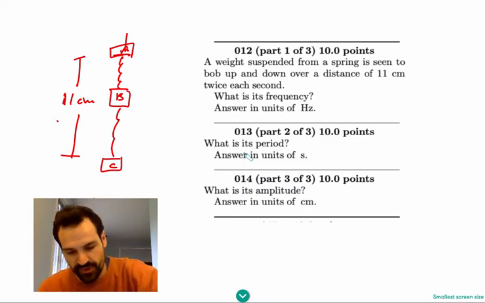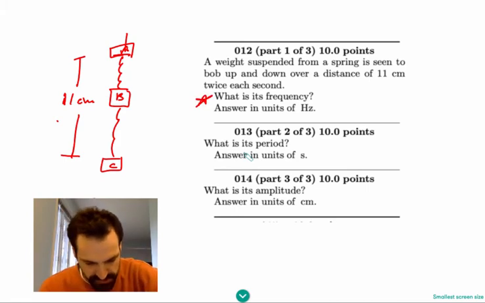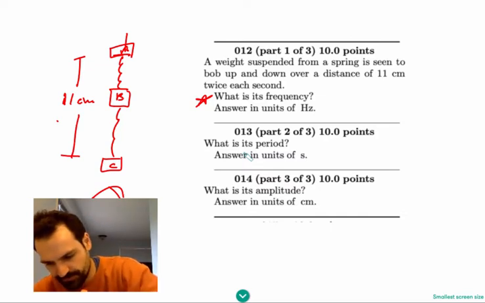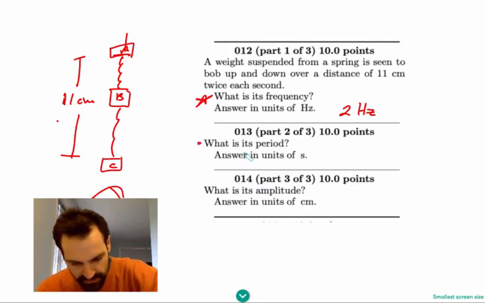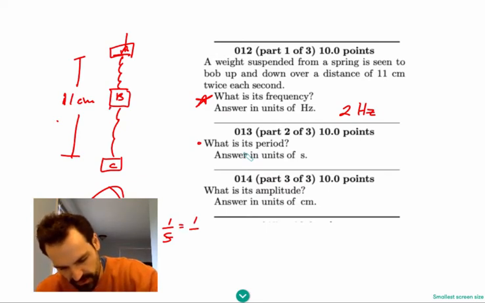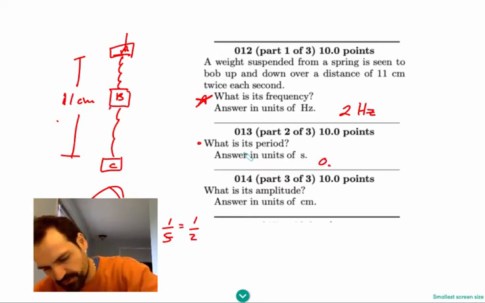So, the first question is, what is the frequency? 2 oscillations per second. The frequency is 2 hertz. What is the period? Well, we know period is the inverse of the frequency, so 1/2 is going to give us 0.5 seconds.